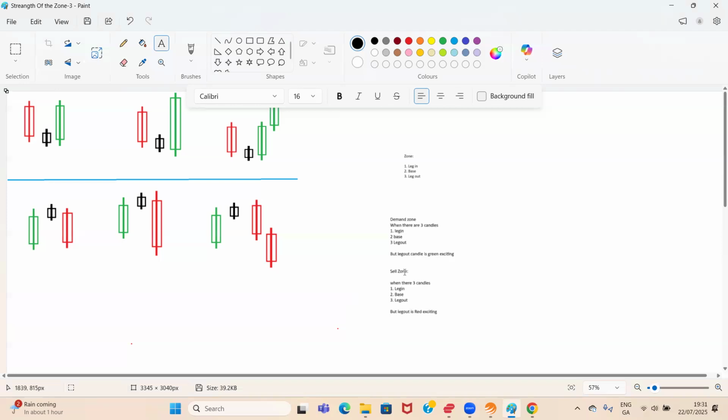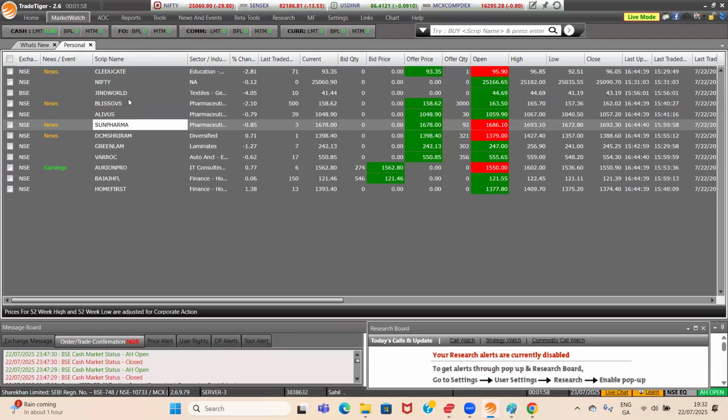That is a sell zone. Okay. Now let's go back to the chart.